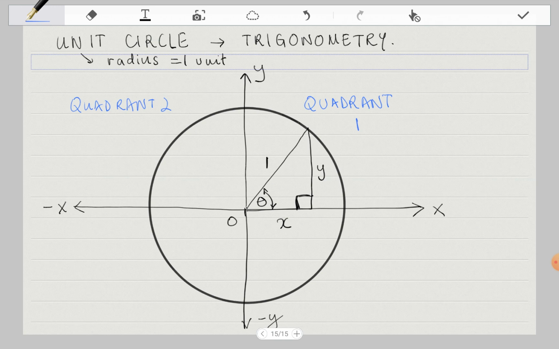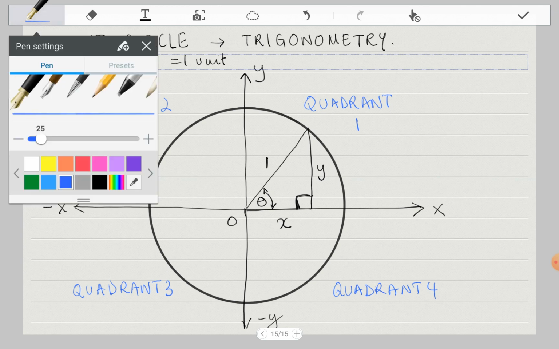And where you've got negative x and negative y, we call that quadrant 3. And where you've got negative y and positive x, we call that quadrant 4.